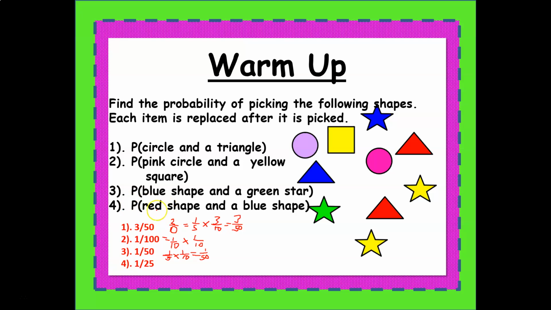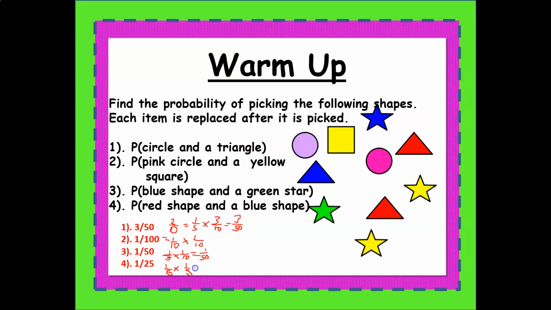And then number 4, red shape and a blue shape. So there's two red shapes, so that's our 1/5 again, because 2/10 equals 1/5. Times a blue shape. So there's two blue shapes, so that's our 1/5 again.